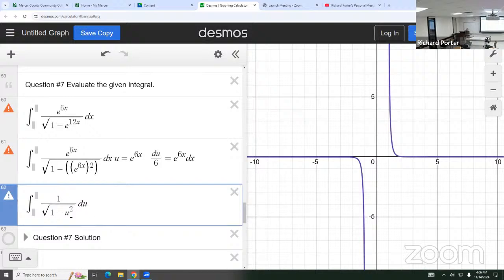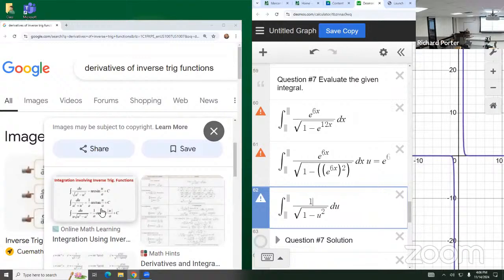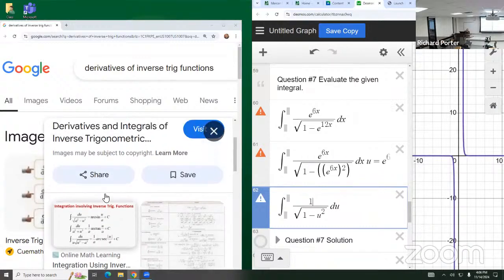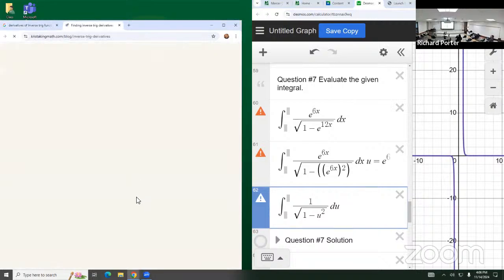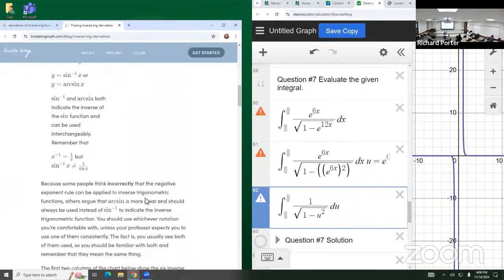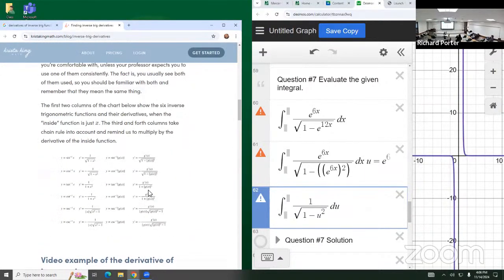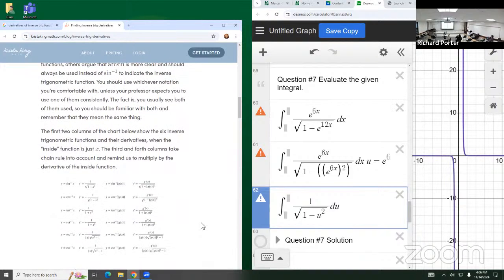The question is, what is that integral? And if you were watching, do you see it on this list here anywhere? How about this one? Do you see it on this list?